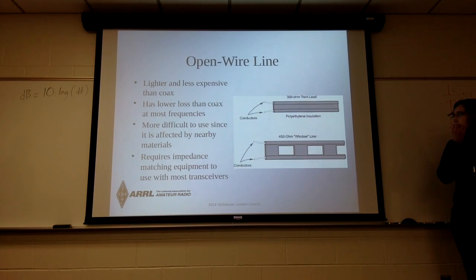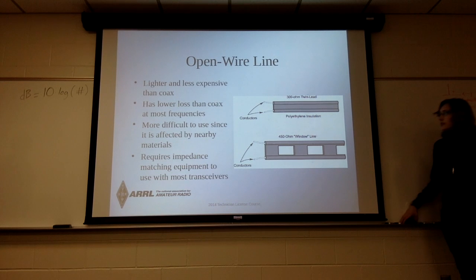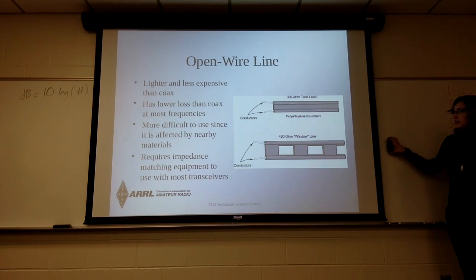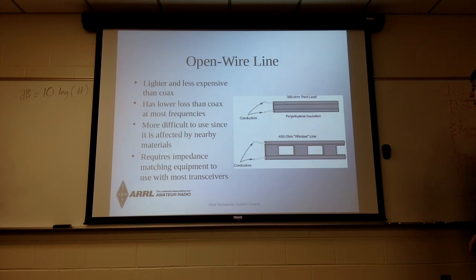So this is open wire line, also called ladder line, twin lead, whatever you want to call it. It's just 2 wires running parallel for some distance. Some differences between coax and open wire line and their performance.